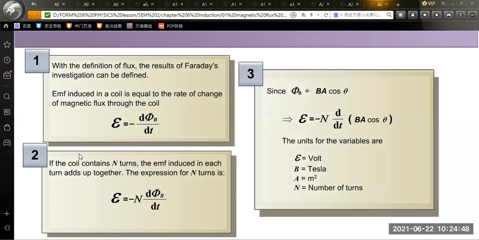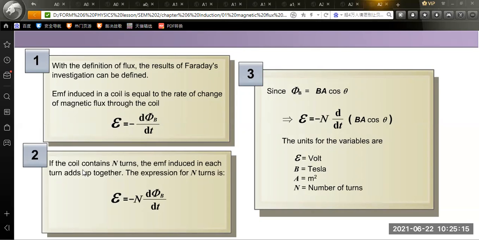With the definition of flux, the result of Faraday's investigation can be defined. EMF induced in a coil is equal to the rate of change of the magnetic flux through the coil. So EMF is equal to negative change of the magnetic flux over dt, change of the time.